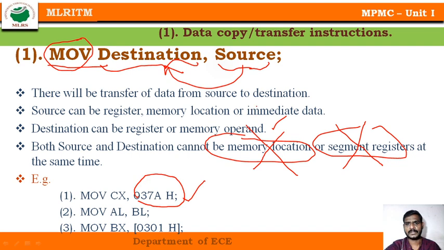In MOV AL, BL, BL is a register. In this one, again it is a memory location.